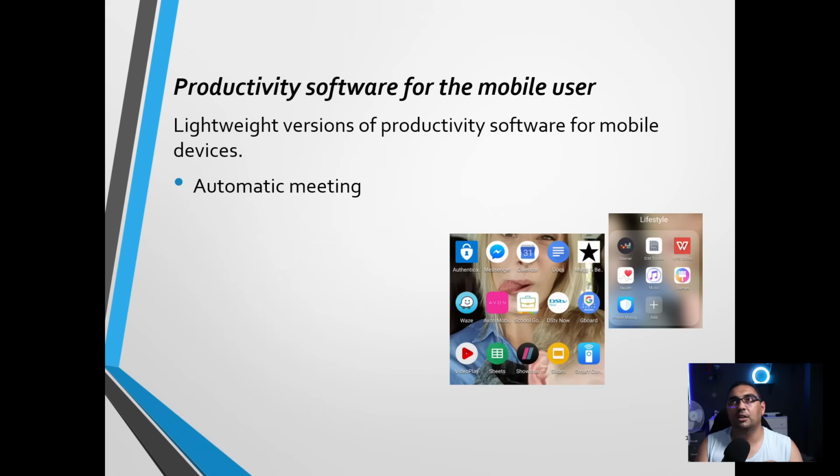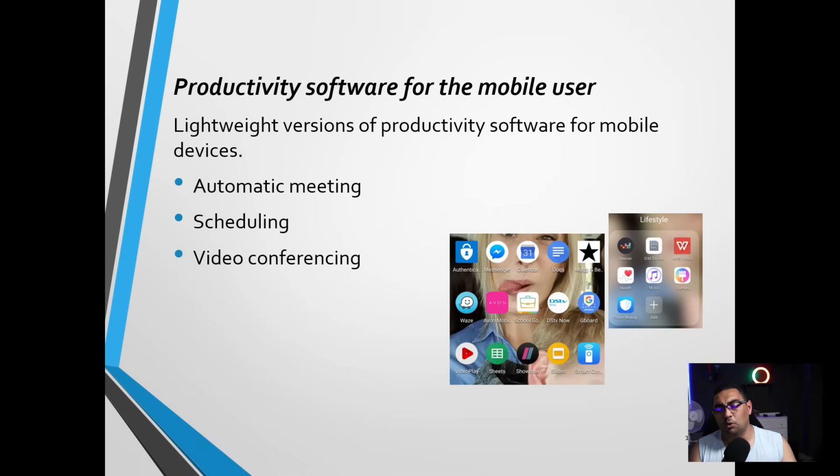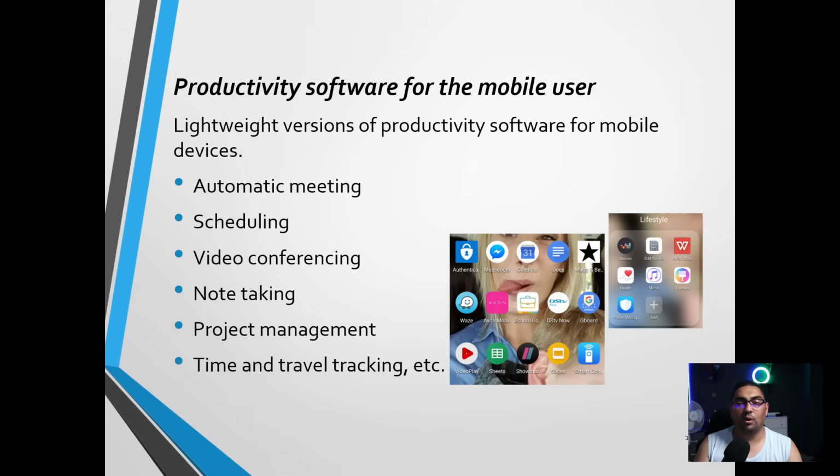So sometimes you'll get a version of, let's say, Adobe Acrobat or Photoshop for your phone, but it's a lightweight version of the actual product that you'd use on your PC. But things like automatic meetings, scheduling, video conferencing, note taking, all these different things, again, to improve and assist with productivity. Please read the question.